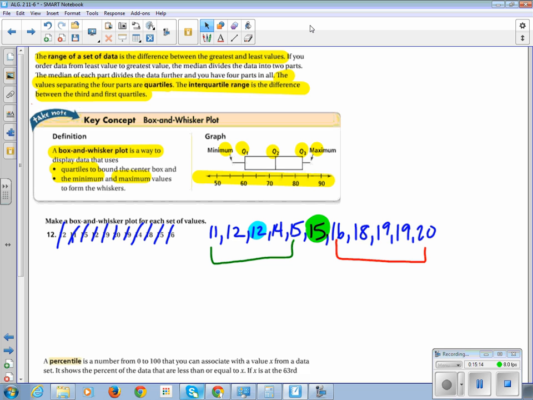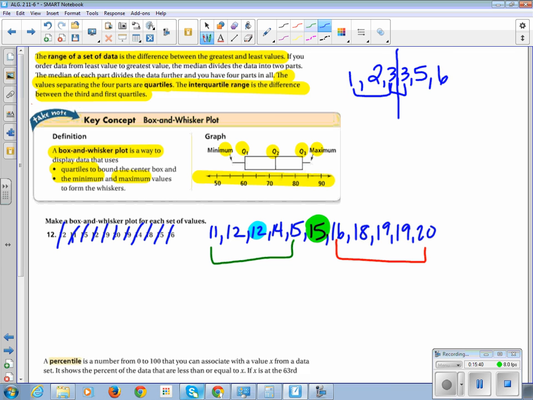So if I have 2, 3, 3, and 5, and 3 is my median, and I want to find the median of the first half, the first half would be 1, 2, and 3.